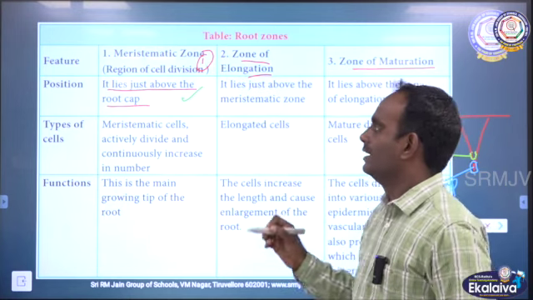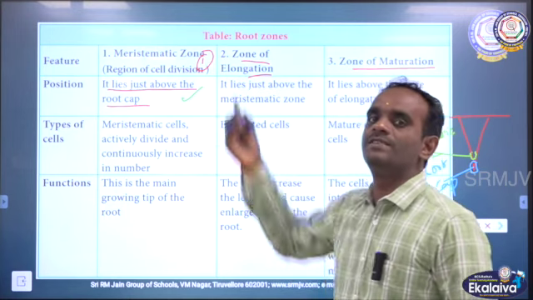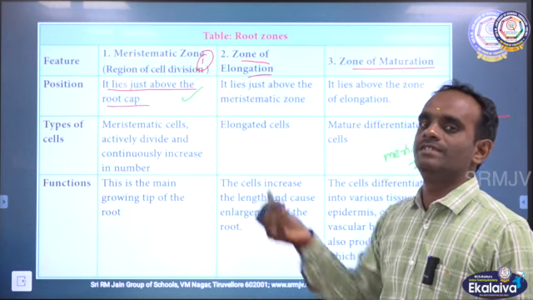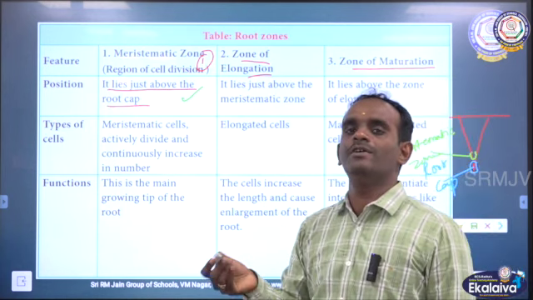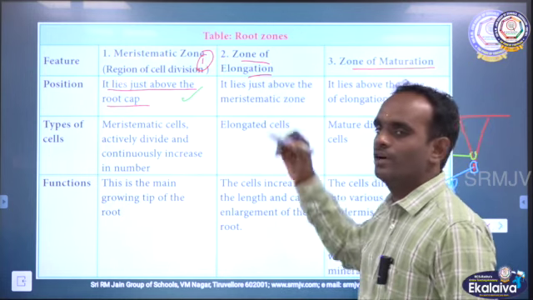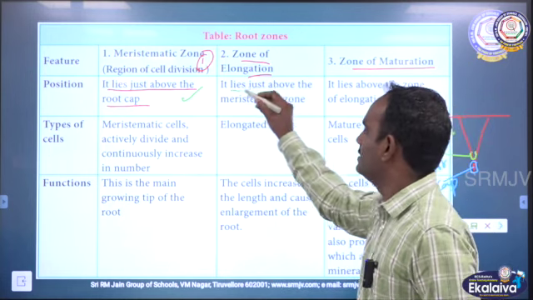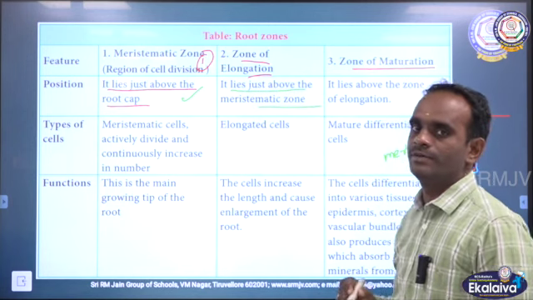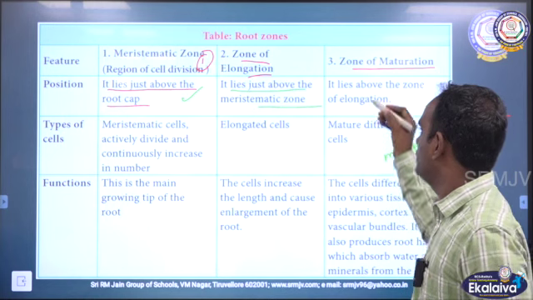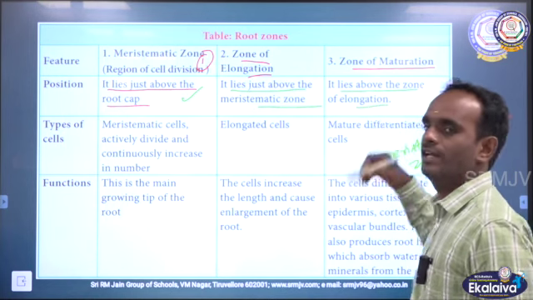Clear? This is the region of cell division. Meristematic zone is a region of cell division. That cells often undergo cell division. Okay. So next position is zone of elongation. It lies just above the meristematic zone. Third one is zone of maturation. It lies above the zone of elongation.